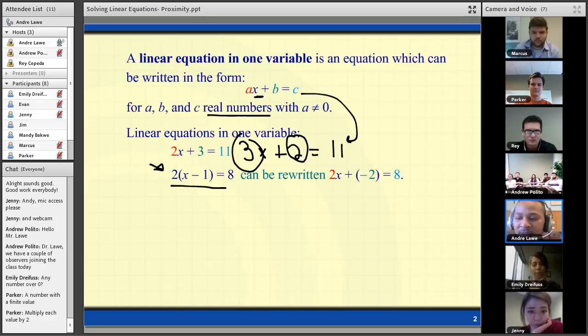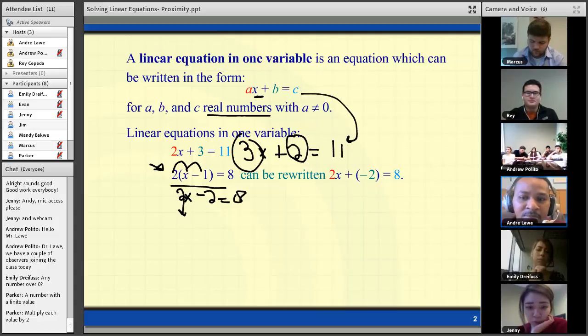The distributor is the number on the outside of the parentheses, and we multiply it by both terms inside the parentheses. 2 times negative 1 would be negative 2, and here we have it in standard form, where a is 2, b is negative 2, and c is 8.